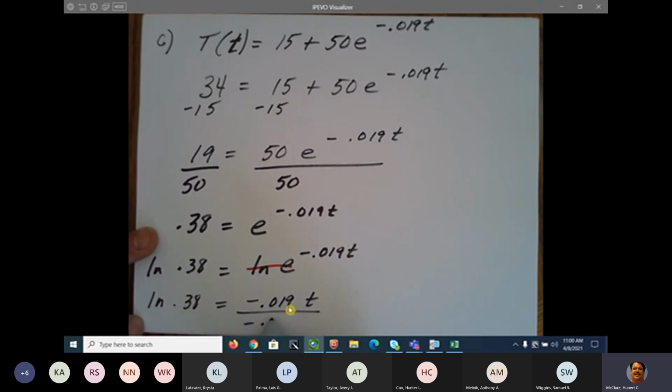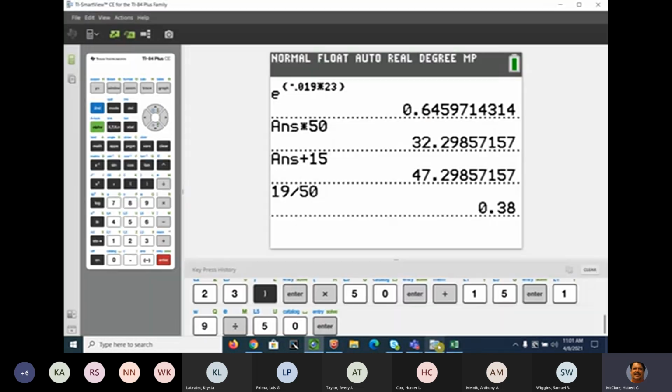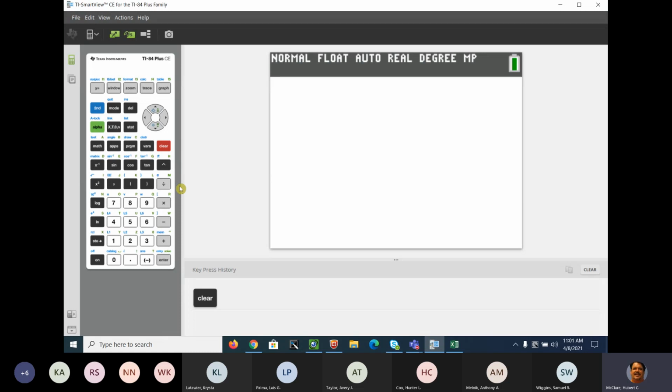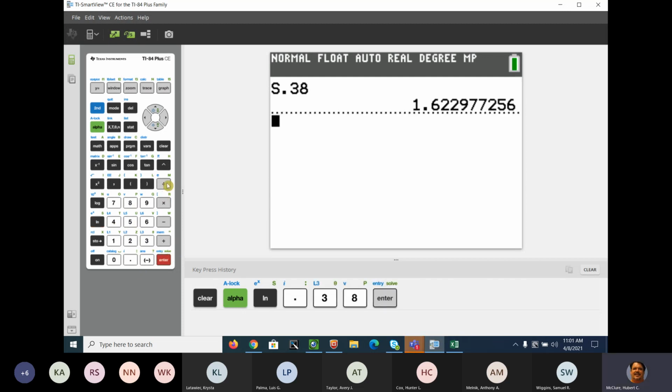Divide by negative 0.019, divide by negative 0.019. So I'm going to take my handy dandy calculator and clear. I'm going to do natural log of 0.38 divided by negative 0.019.